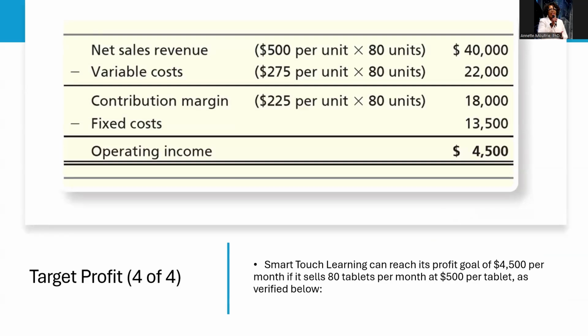Here, this table illustrates that the company Smart Touch Learning can reach its profit goal of $4,500 per month if it sells 80 tablets per month at $500 per tablet.